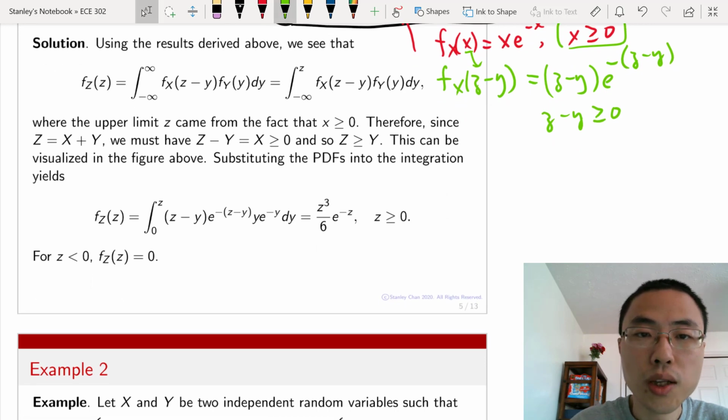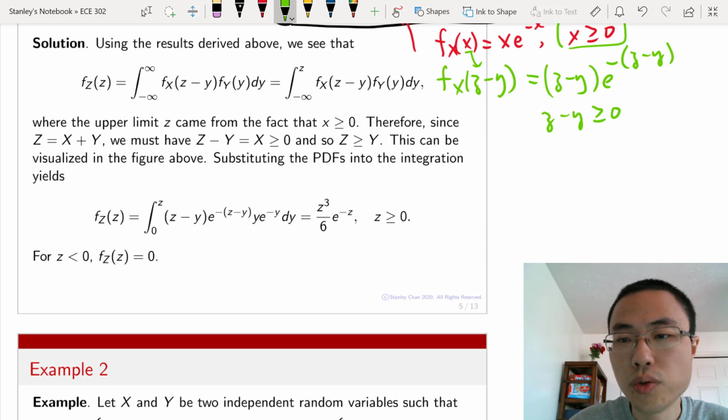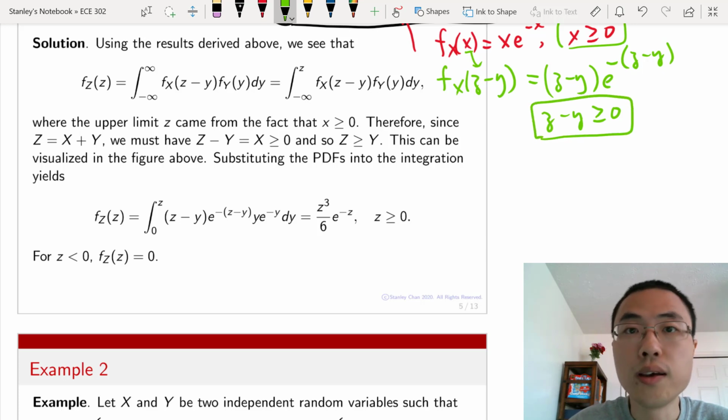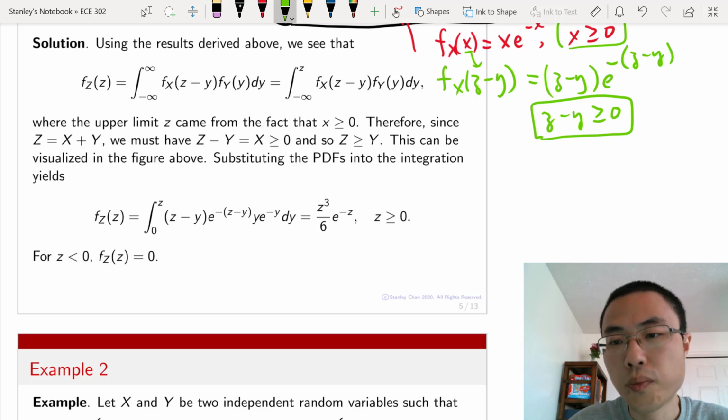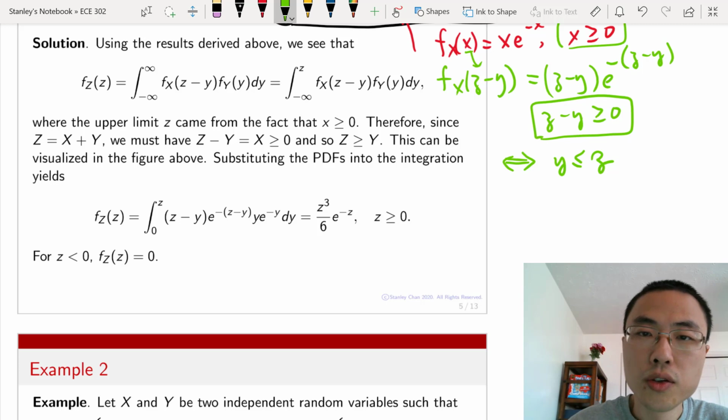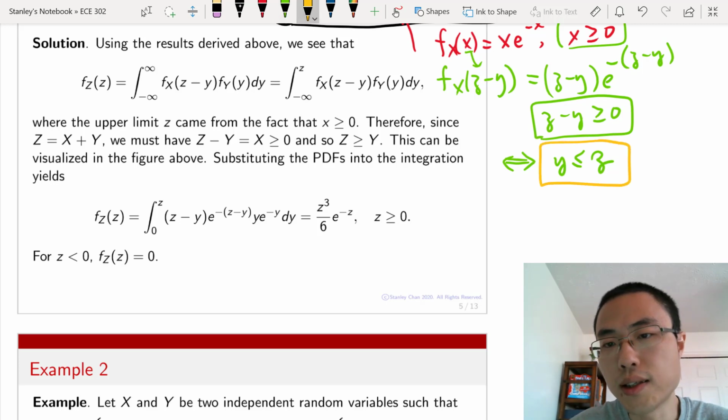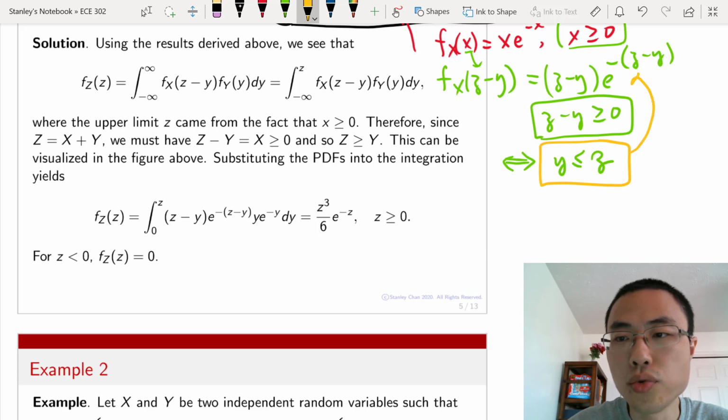Translating this problem to here, there is a constraint for y. Y cannot be an arbitrary number. If we do the calculation, y has to be less than or equal to z. So that gives you the first constraint: y is less than z in order for you to use this expression.